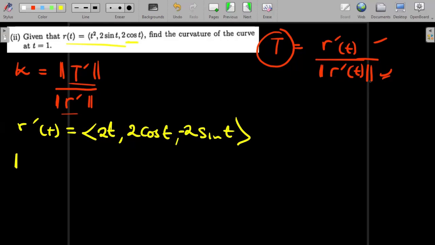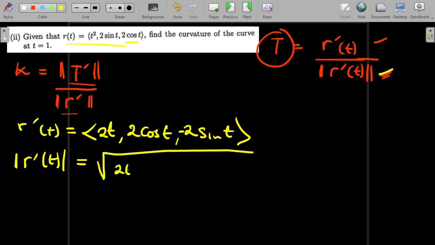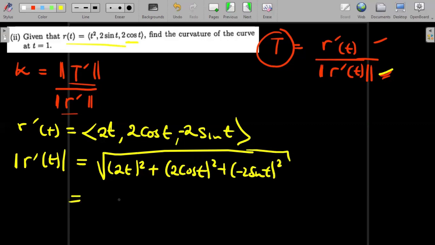We've differentiated this, but we have to find the magnitude of this, as you can see down here. The magnitude of R prime of T is easy. We just have to square each term. So we have 2T squared plus 2 cos T squared plus negative sine T squared.